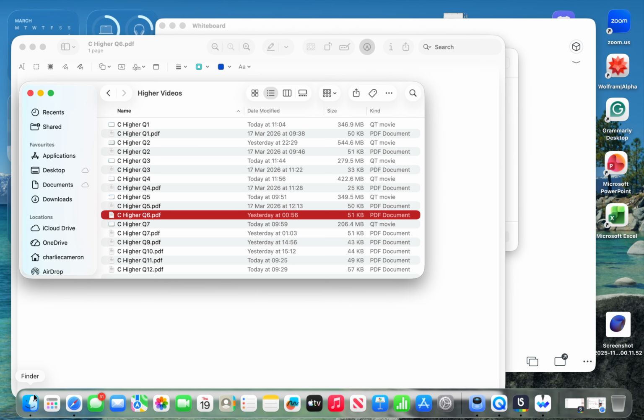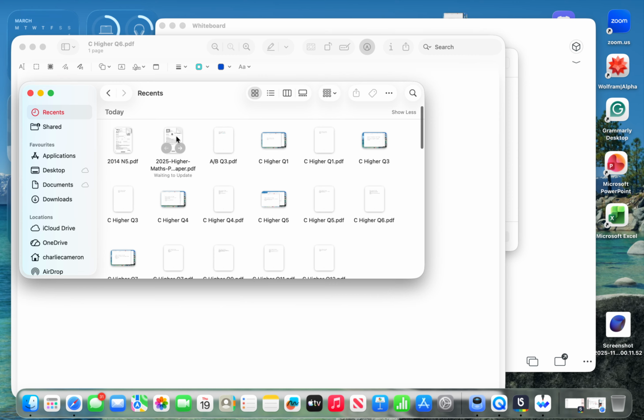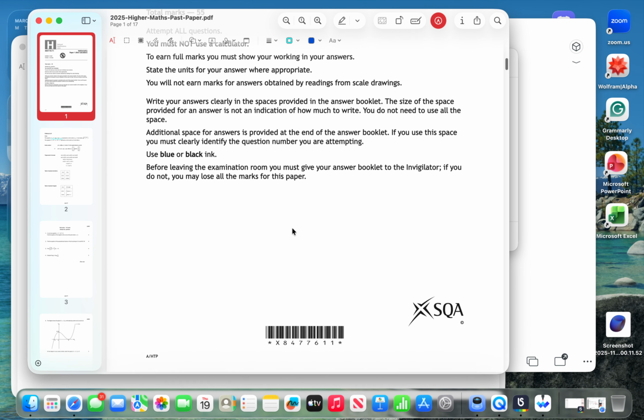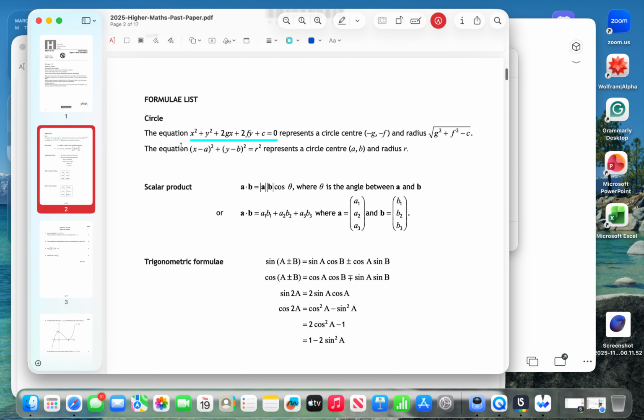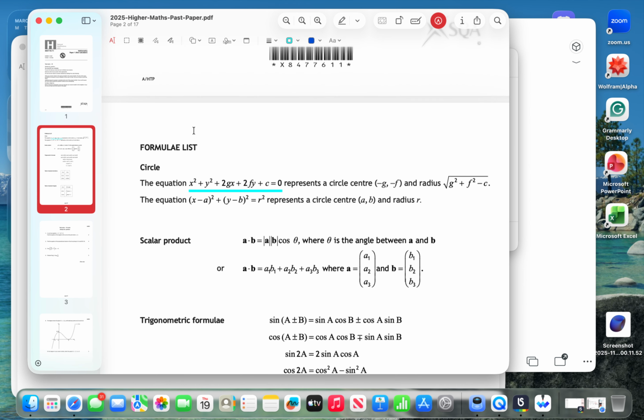So to do this question, I'm going to show you the formula sheet on the paper. You're given this information about the circle, the equation, the structure of the equation, and you're told that the centre is minus g, minus f, and the radius is the square root of g squared plus f squared minus c.